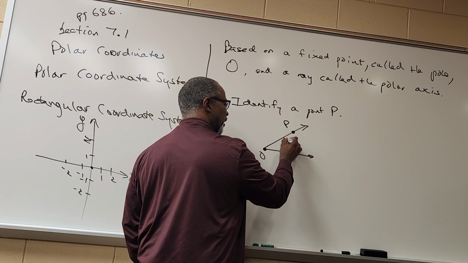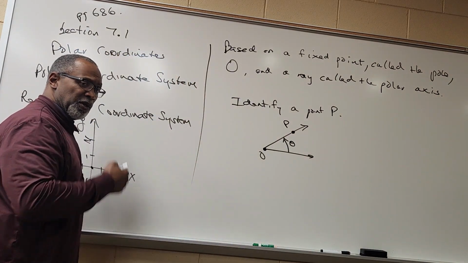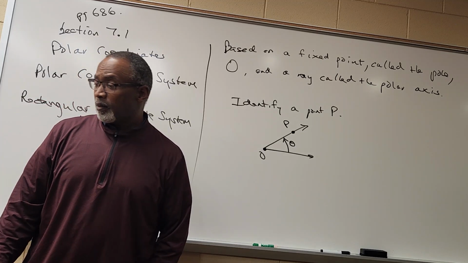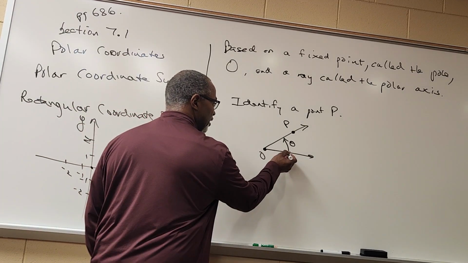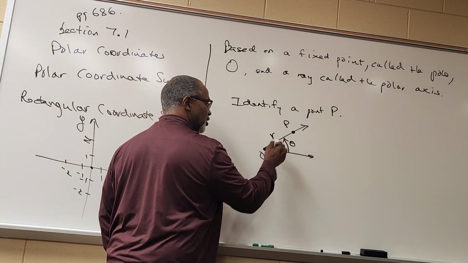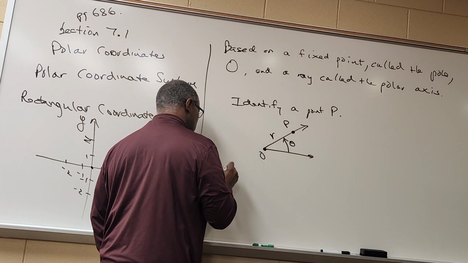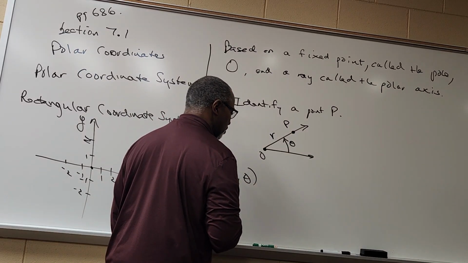I'm going to measure an angle theta in a counterclockwise direction, just like we normally measure angles. My point is going to be defined by the angle theta and the distance from the pole to that point P.